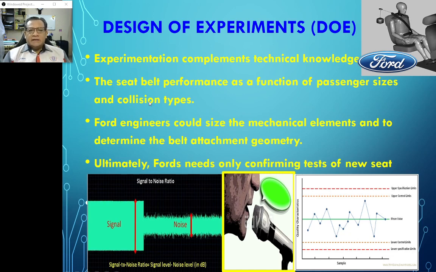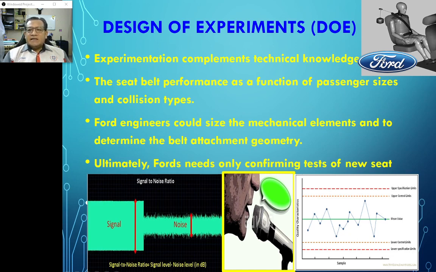This is what the Ford engineers were hypothesizing. So Ford engineers could size the mechanical elements and determine the belt attachment geometry.